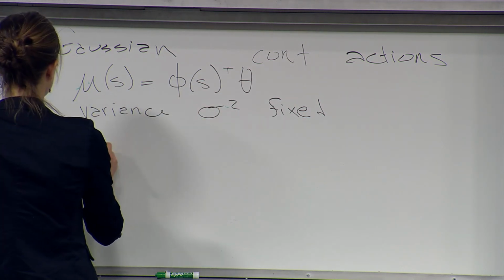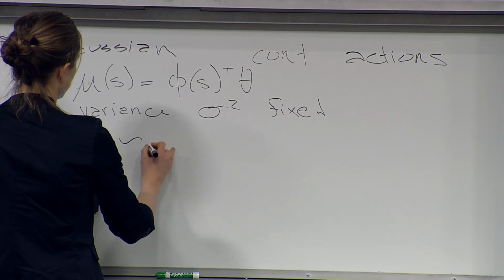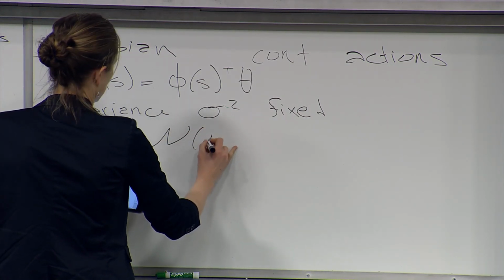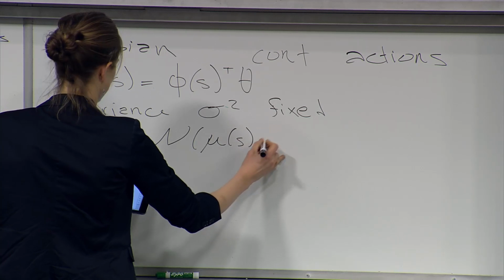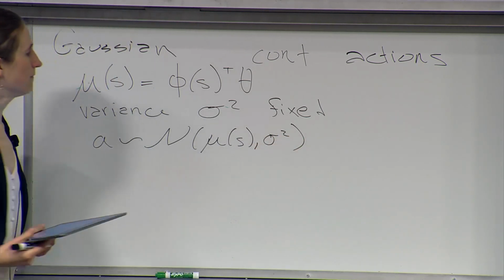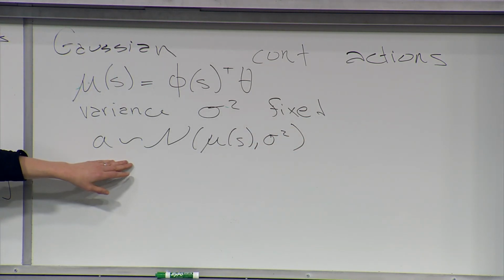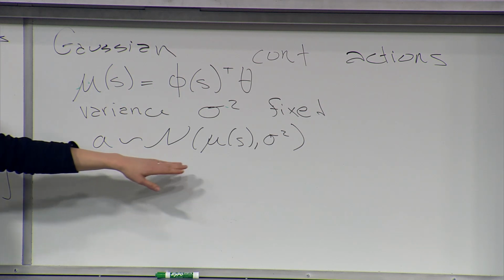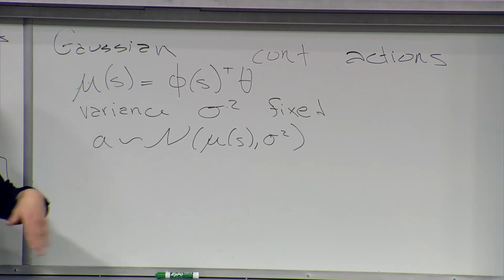And then our policy is going to be a Gaussian. So A is going to be drawn from a Gaussian using this mean for features. So we compare our current state to the mean, and then we select an action with respect to that.